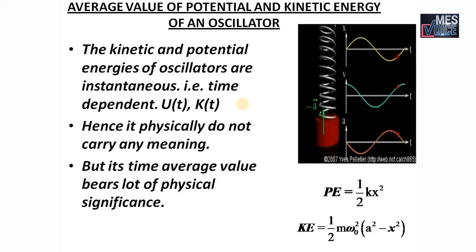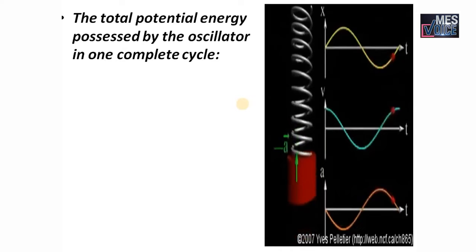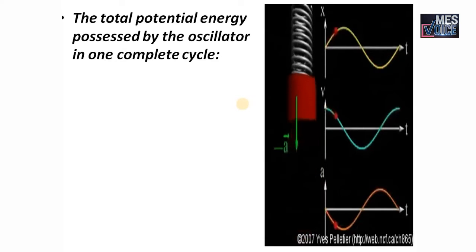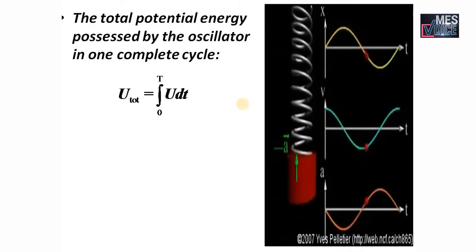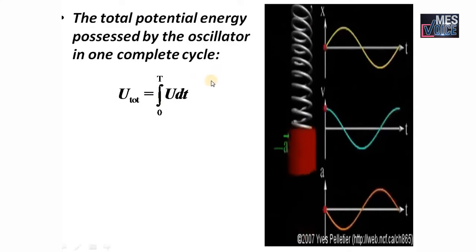So let us try to understand the meaning of average value. For that we will first look into the average value of potential energy. How will we find it? The potential energy we calculated last time, the expression was U of t.